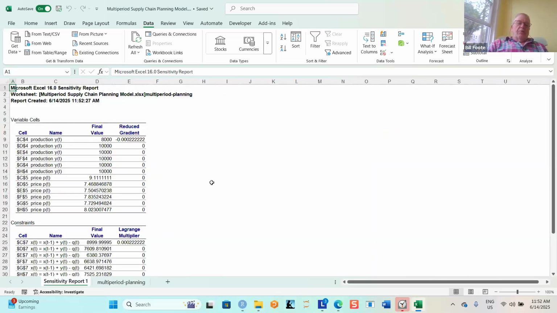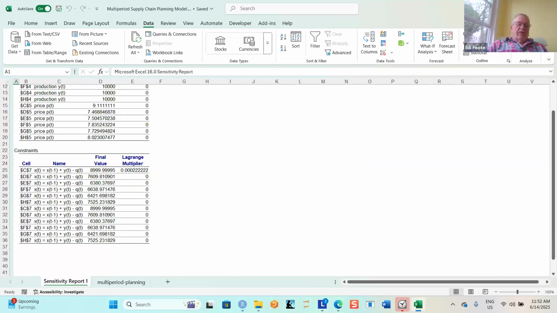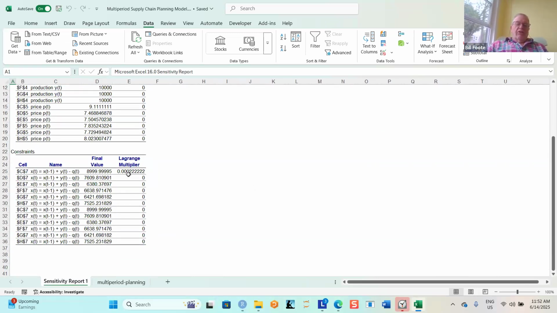And the sensitivity report, you can look at reduced gradients and so on, is something called the Lagrange multiplier. If you change this constraint, this is the operative constraint that matters. If you change this constraint by 1 unit, it doesn't have any effect, zero effect on margin.